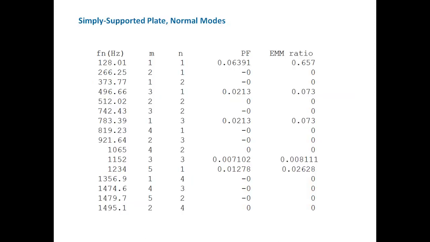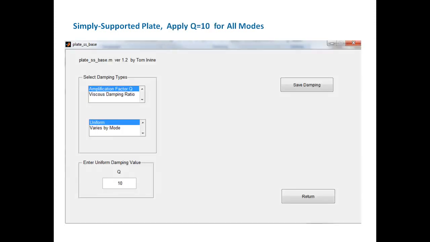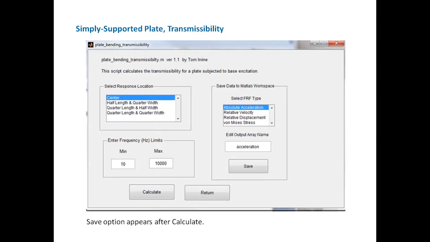Then we took a look at the natural frequencies, the modal indices M and N, the participation factor, as well as the effective modal mass ratio. We had our fundamental mode at 128 hertz, all points moving in phase. We added a Q value of 10 for uniform amplification factor or damping, and saved that.